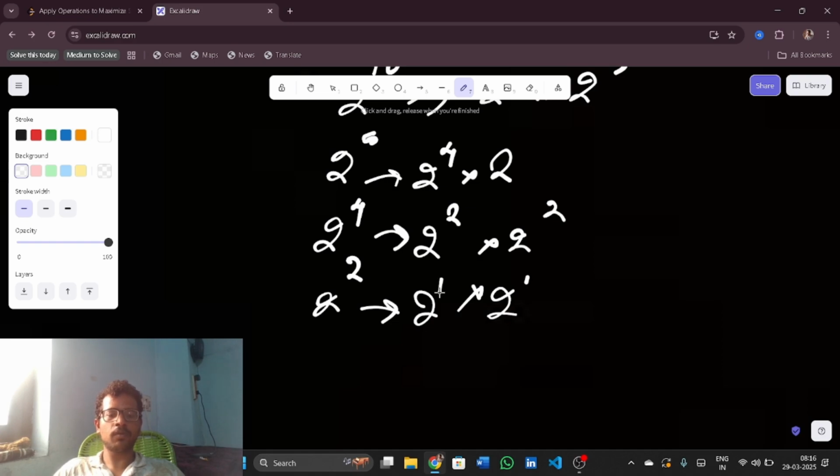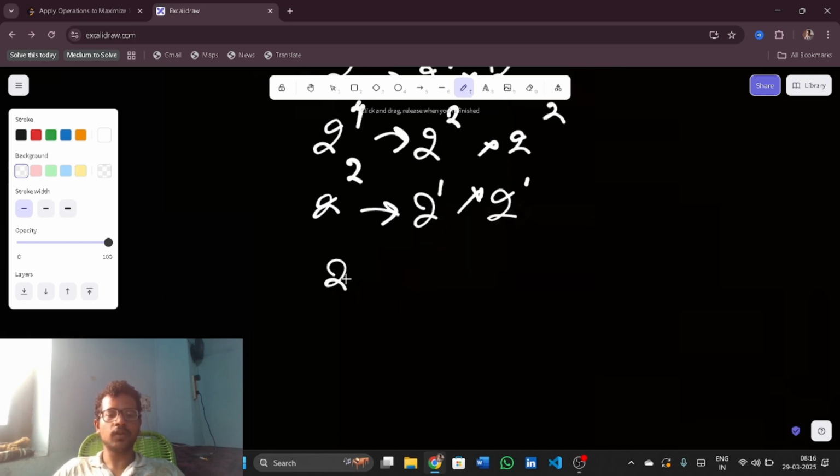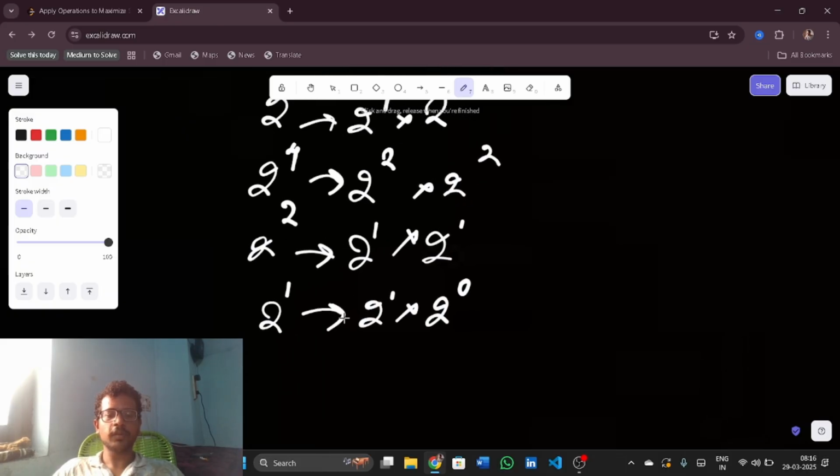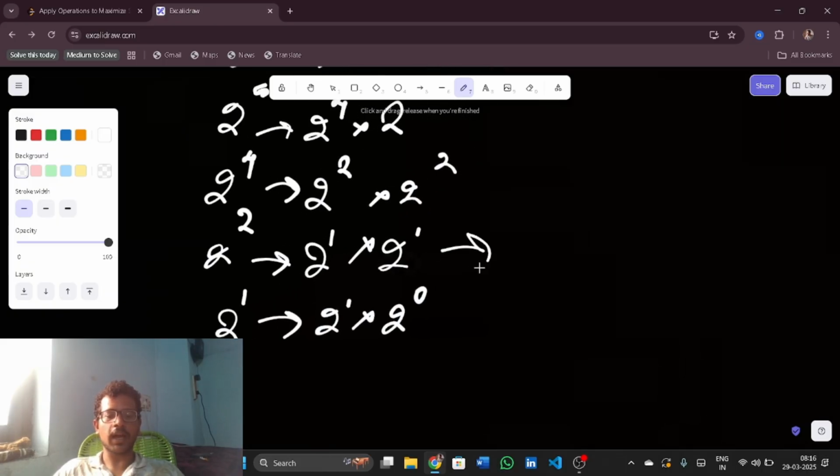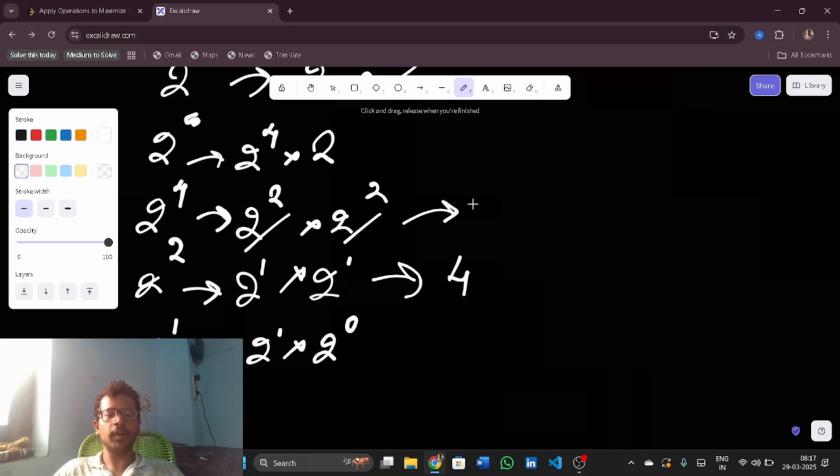Now, 2 power 1 is written as 2 power 1 into 2 power 0, which is 2. So 2 into 2 is 4, and 4 into 4 is 16.